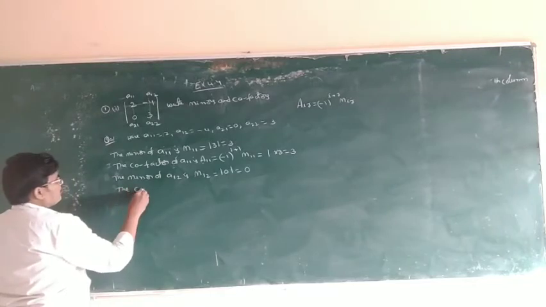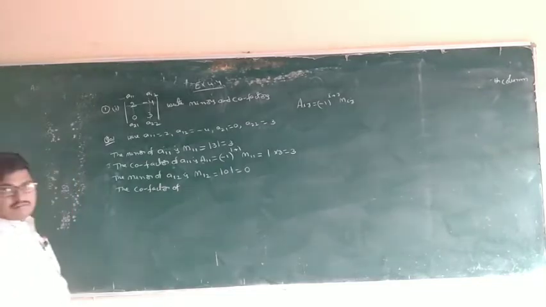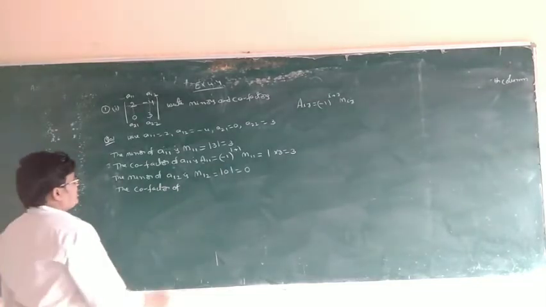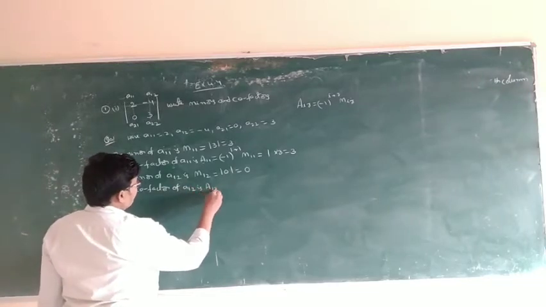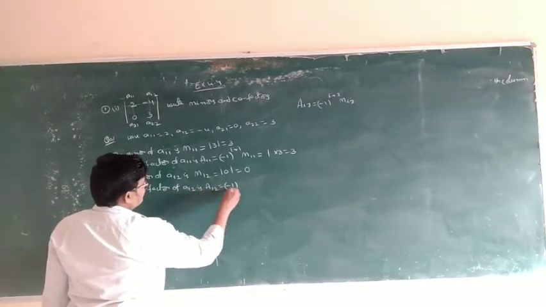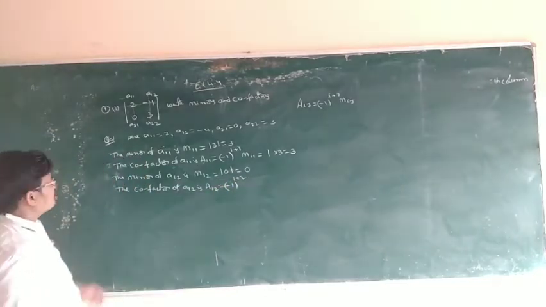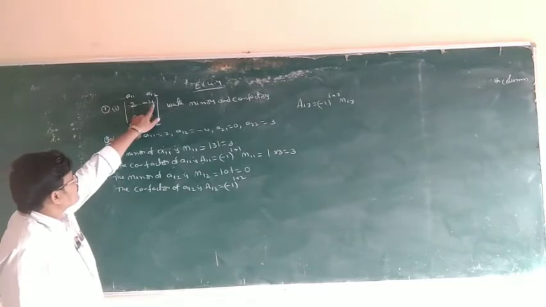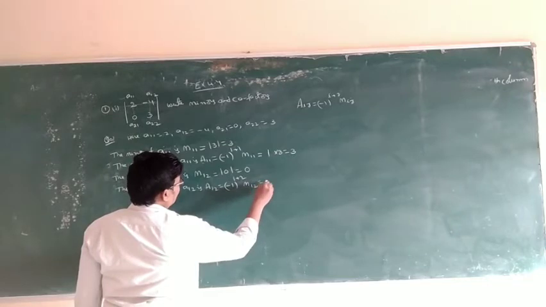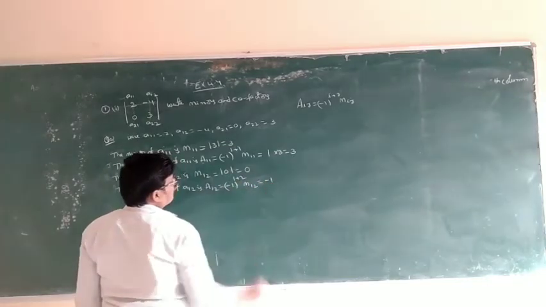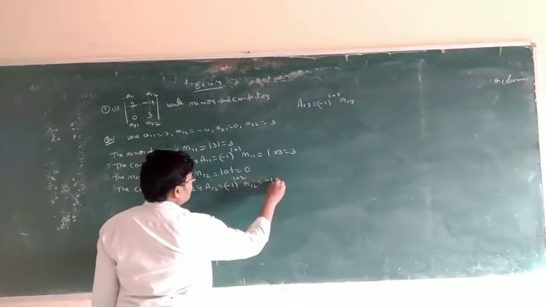So next, the cofactor of A12 is capital A12. Minus 1 whole power 1 plus 2, since the element position is first row, second column, into capital M12. Minus 1 whole power 3 is equal to minus 1, into M12, which is equal to 0.